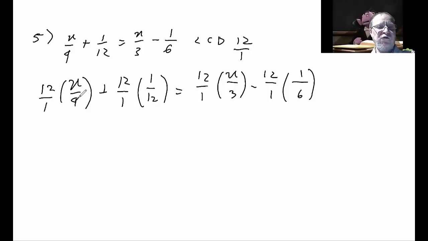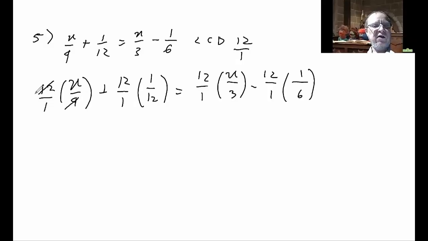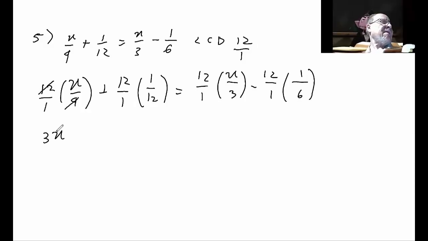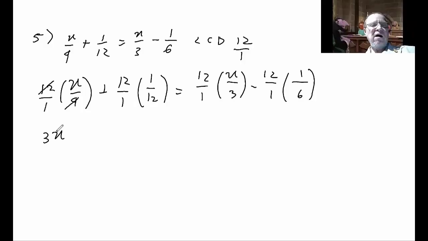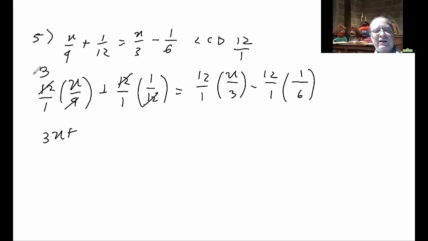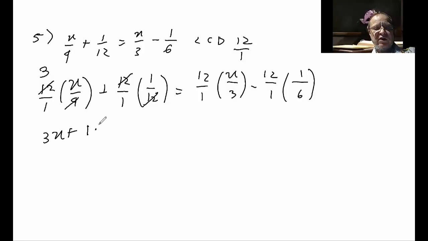So let's look at this first term. Well, I see 4 goes into 12 3 times. So I get 3u. And then I look at the next term and I see the 12 and the 12. Well, they cancel out to give me 1. So essentially that's just 1 times 1.